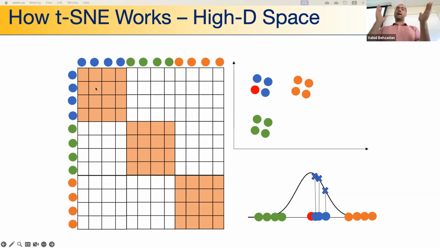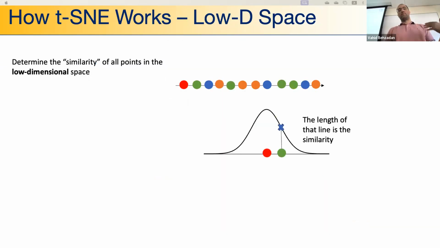That's clear. And that's because we are calculating the similarity in the higher dimensional space, and we assume that they are separated in the higher dimensional space. However, in the lower dimensional space, they might not be similar. They might not be close to each other, right? So we need to calculate the similarity in the low dimensional space and then try to match them.